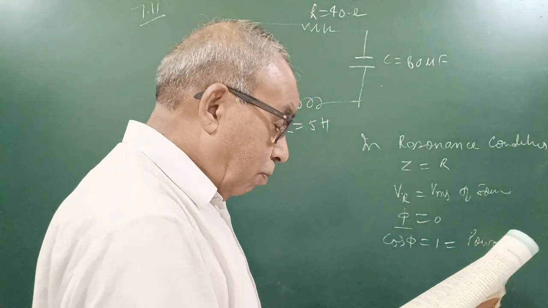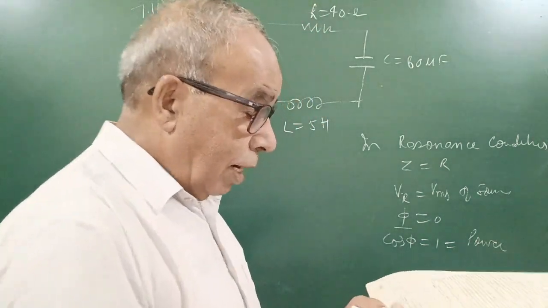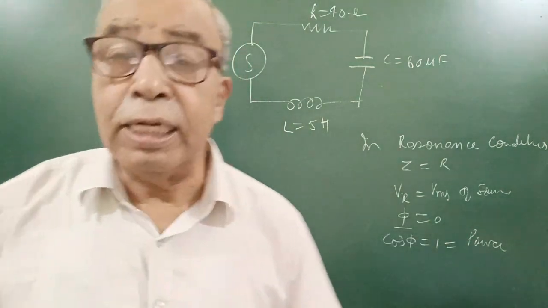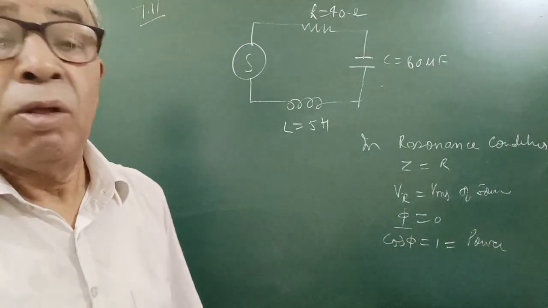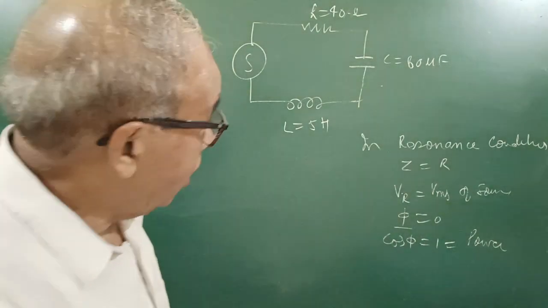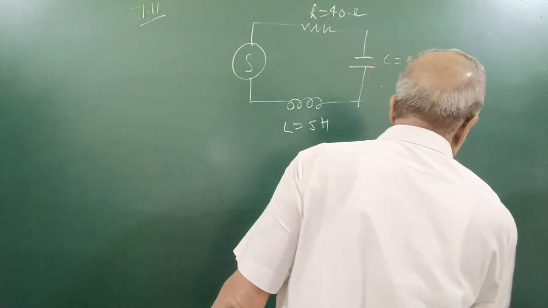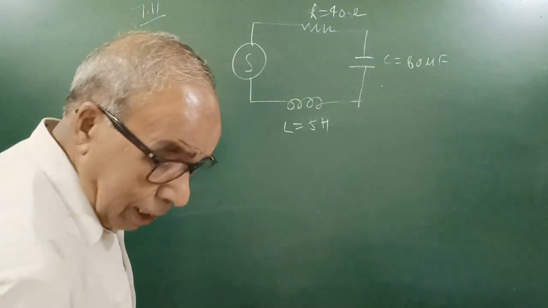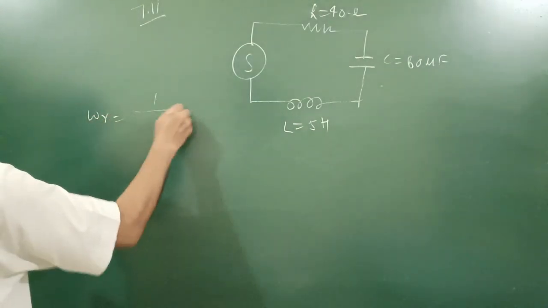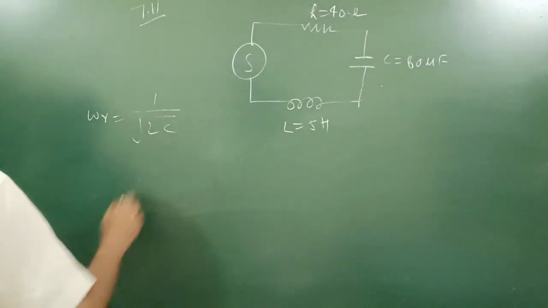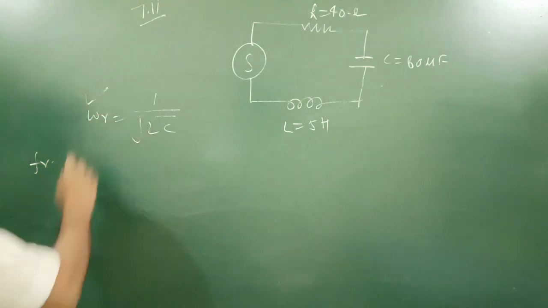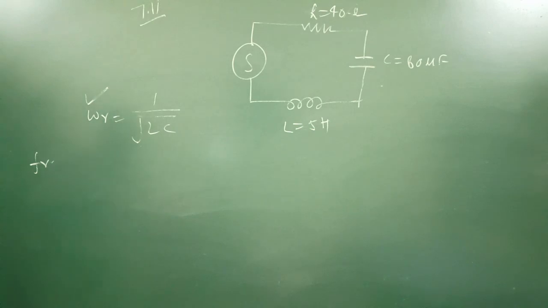So you are asked four questions here. Determine the source frequency which drives the circuit in resonance. So it means you are asked the resonant frequency. For the resonant frequency you can write omega R is equal to 1 upon under root LC. Later on you can find FR.